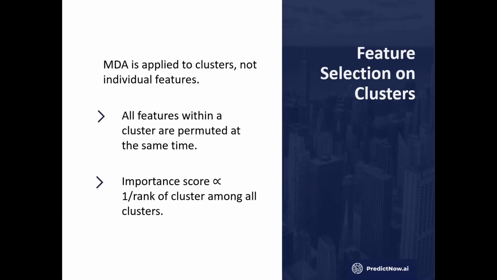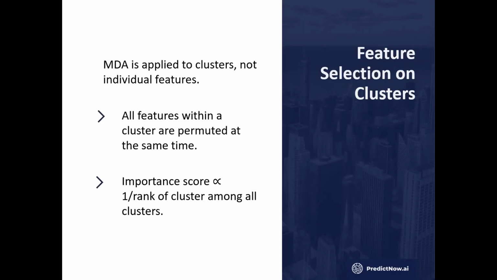But this random permutation is now applied to all the features in a cluster at the same time. You can imagine a spreadsheet where the columns are different features and the rows are different samples. You can imagine all these columns within a cluster being glued together. When you permute them, all these different columns move in the same way. That's how cluster-based feature selection works.